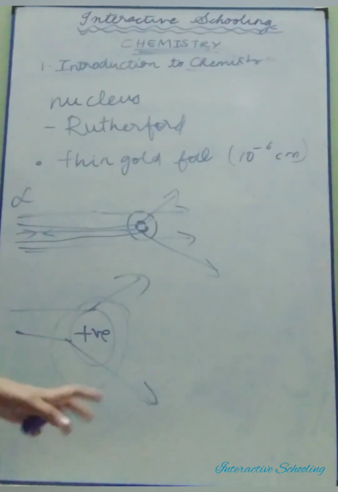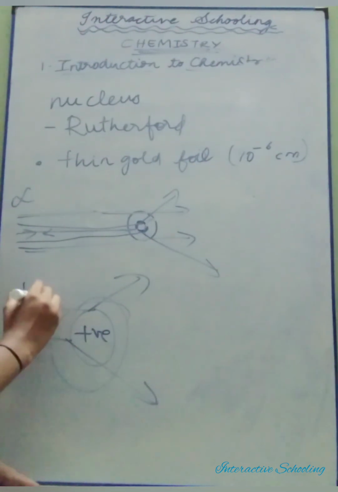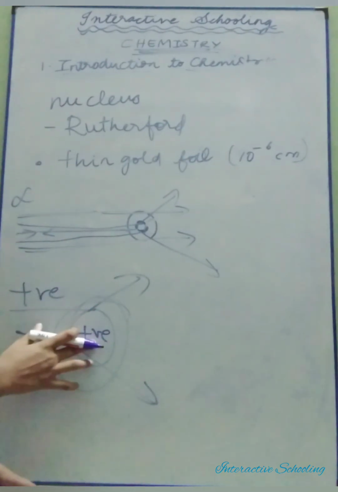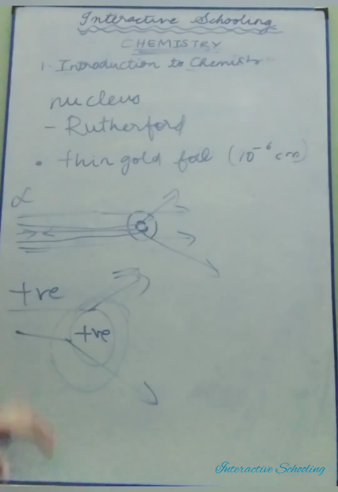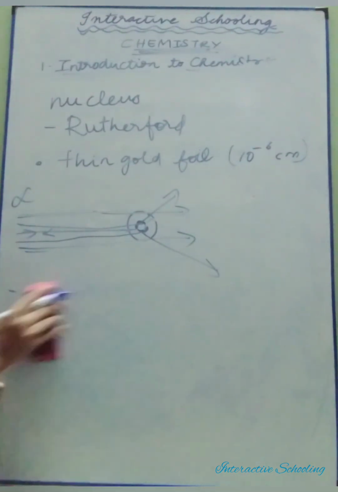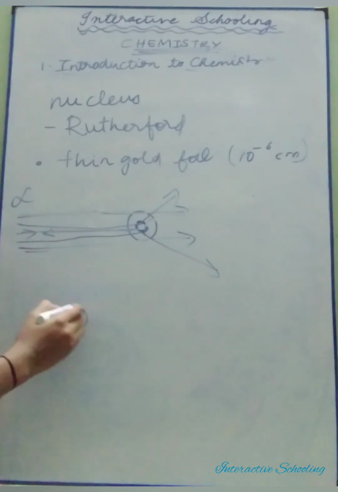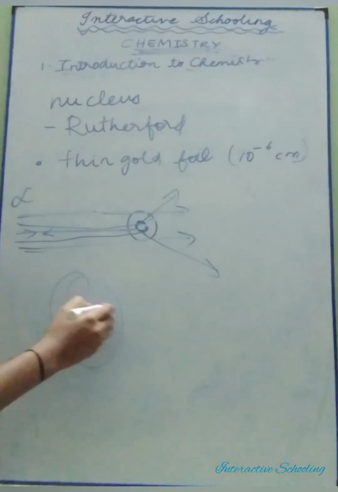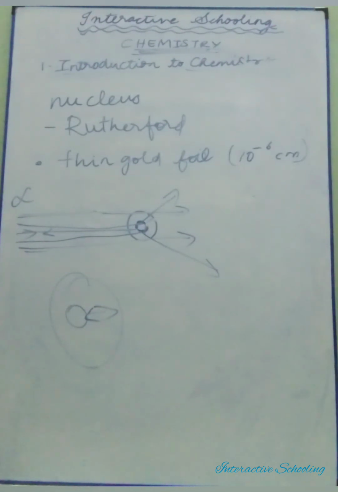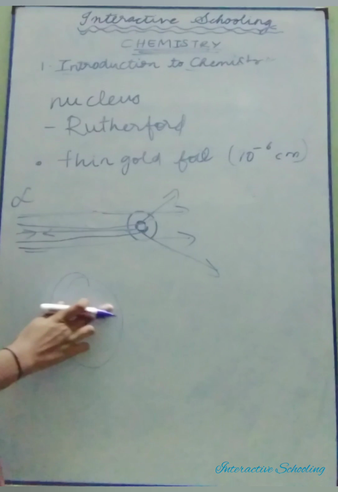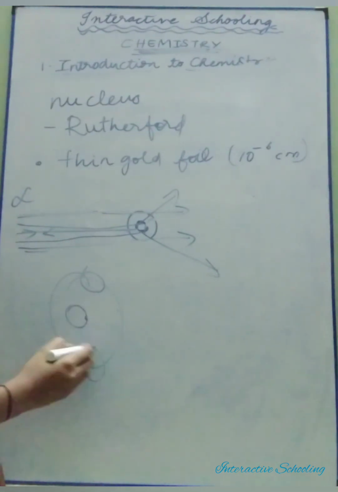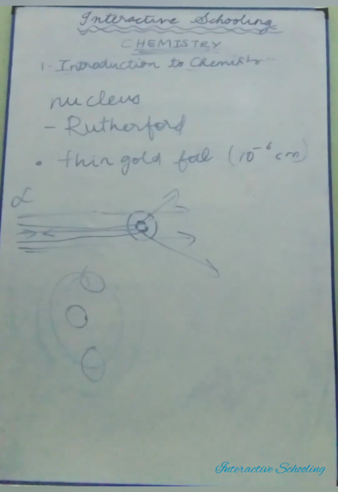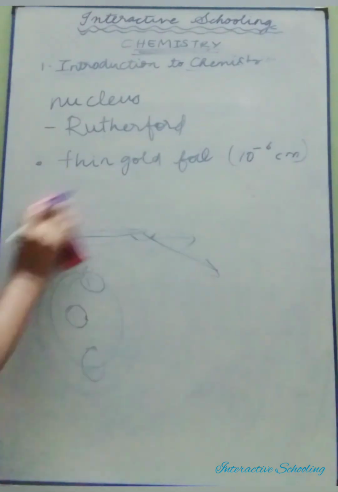Like charges repel each other, right? So when positive goes near positive, it gets repelled. So he concluded that an atom has a nucleus which has all the protons, and around this the gaps are huge. Around this there are orbits in which electrons revolve. So his was called the solar system model.